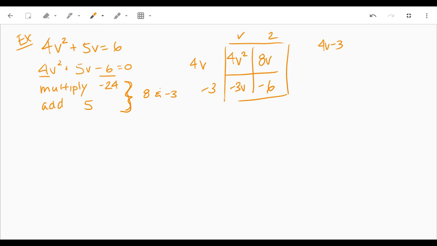So 4v minus 3 times v plus 2 equals 0. So that would mean 4v equals 3, v equals 3/4, or the other factor, v is negative 2.